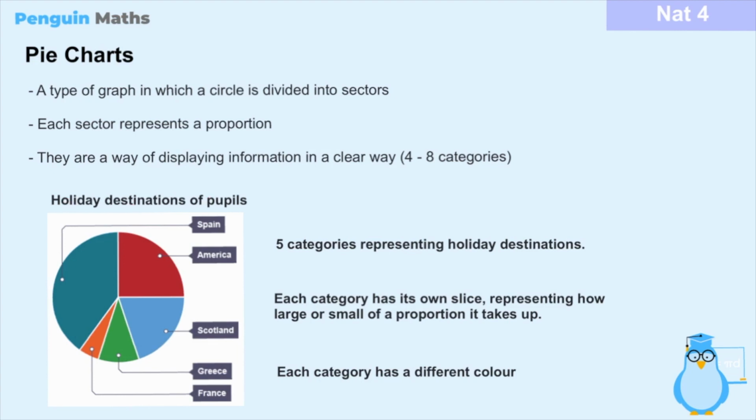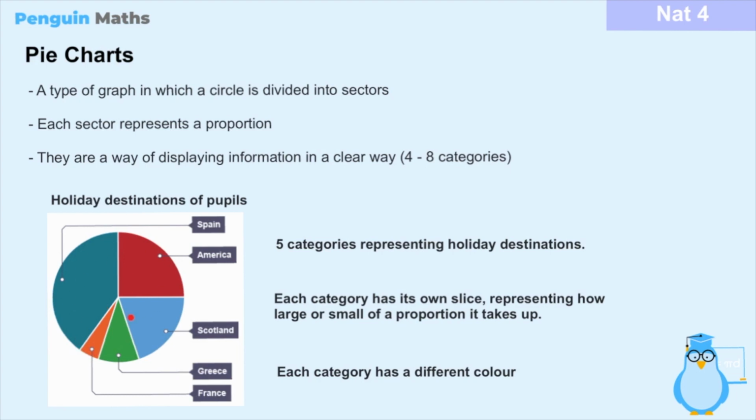And finally, one last thing to notice is, in order to make the pie chart look clear and display information correctly, it's important that each category has its own different colour. So we can see here that Spain is this sort of turquoise colour, America is red, Scotland is blue, Greece is green, and France is orange.